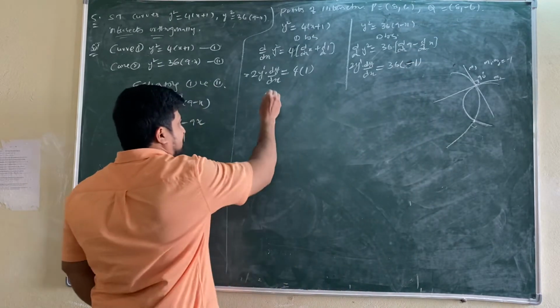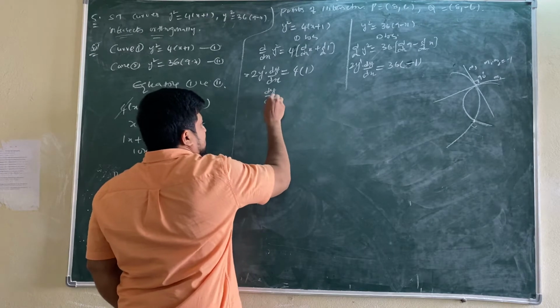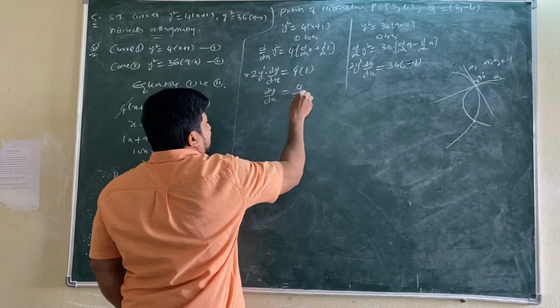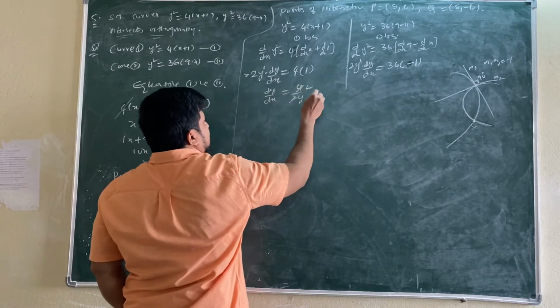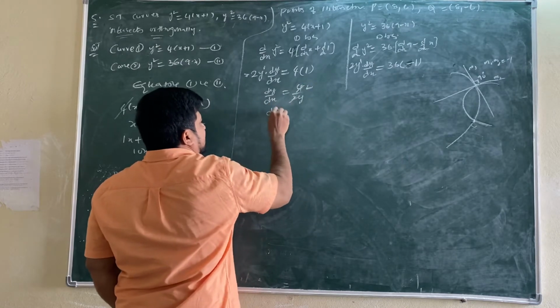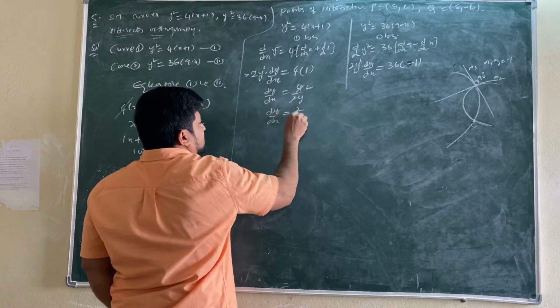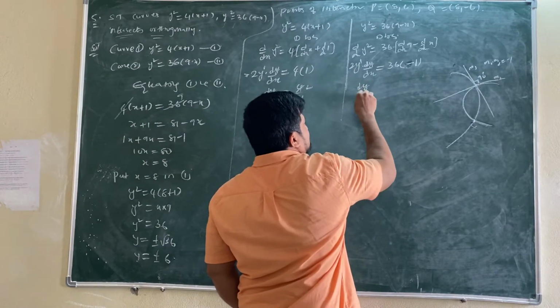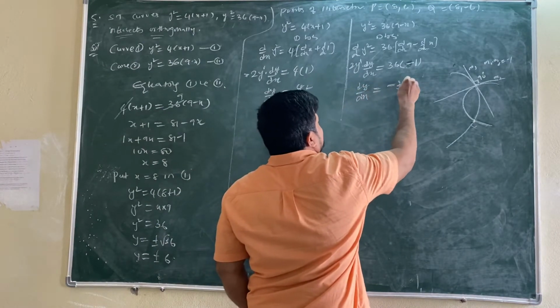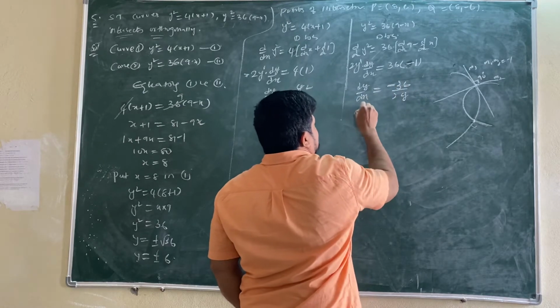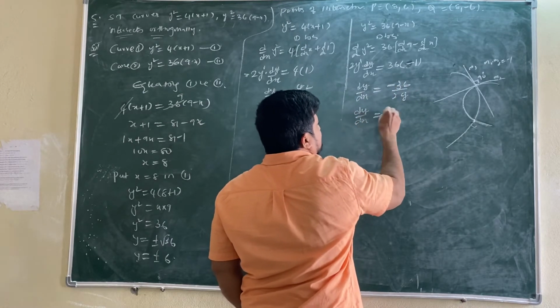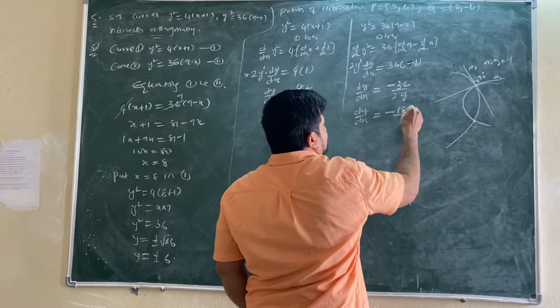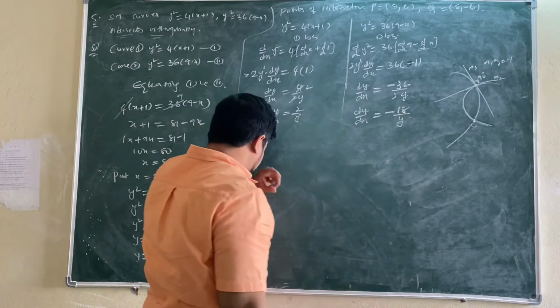Okay, so dy by dx is how much? 4 by 2y. Here dy by dx equals 2 by y. Here dy by dx equals minus 36 by 2y. So dy by dx equals minus 18 by y. Clear?